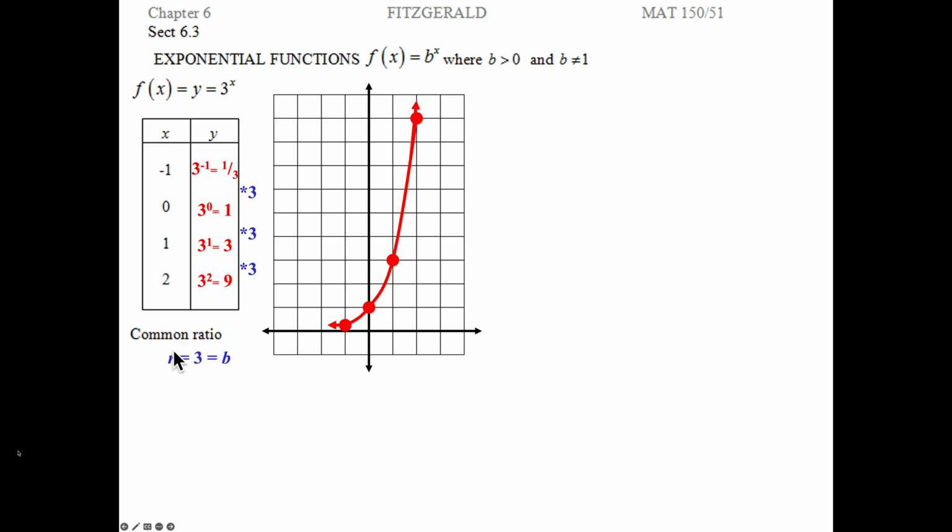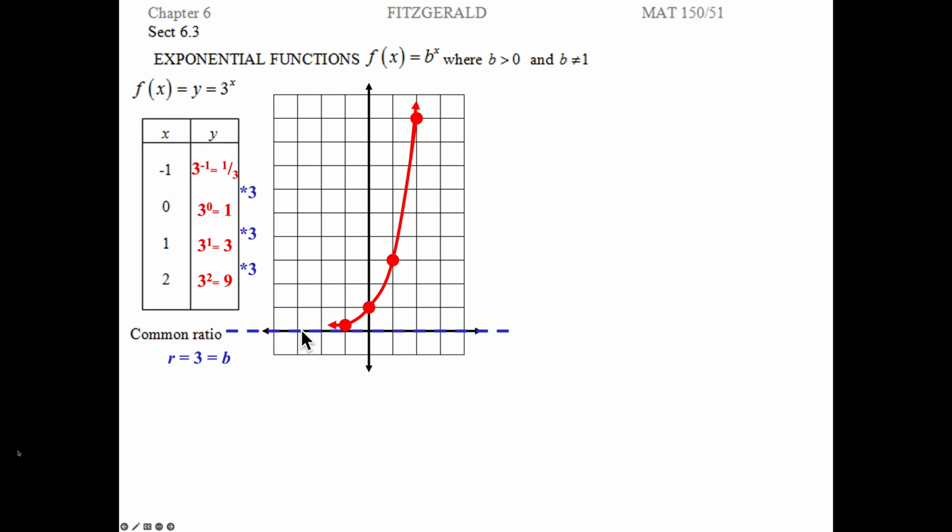So sometimes they'll use the variable r for the base, sometimes they'll use the variable b. They're interchangeable. So as I was mentioning about our x's going off to negative infinity, we're actually approaching a horizontal asymptote line right here.